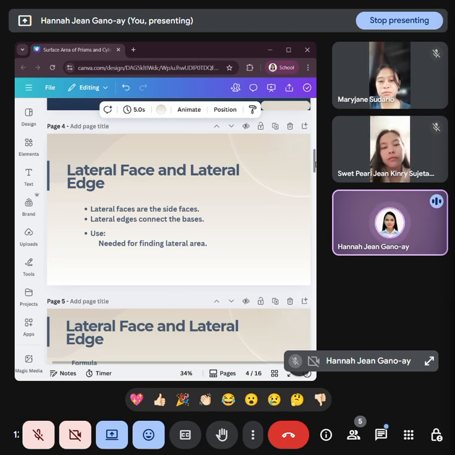These edges help define the height of the prism because the height is measured along a perpendicular direction between the bases. Understanding lateral faces and edges is important because the lateral area of a prism is calculated using the perimeter of the base and the height. Without knowing what the lateral faces and edges are, you cannot measure or calculate the surface area correctly.